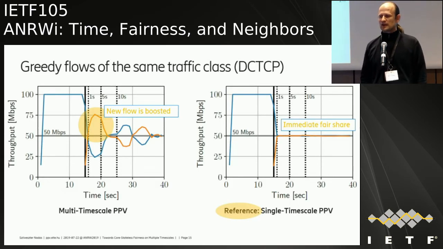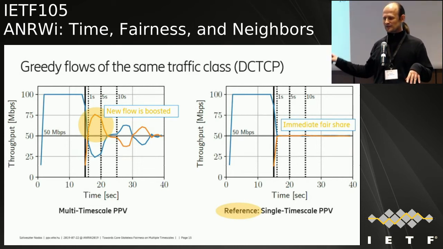So some simulation scenarios. We had first greedy flows of the same traffic class and DCTCP. The blue flow was in the system for a longer time than the longest timescale, and then the yellow flow arrives to the system. The left-hand side curve is with the multi-timescale PPV, and the right-hand side curve is the reference.